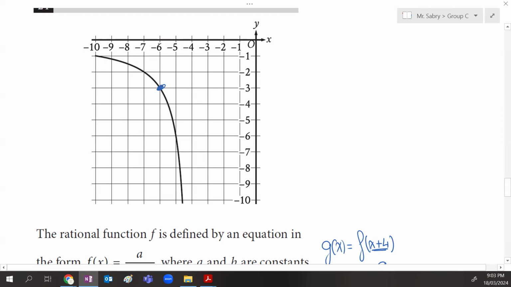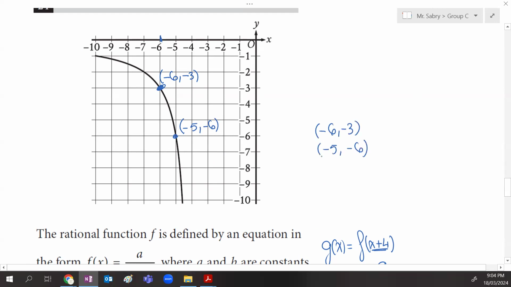This point here is clear: the x is -6 and the y is -3. Pick another point that's clear, for example this point here where the x is -5 very clearly and the y is -6. So I now have 2 points, (-6, -3) and (-5, -6).